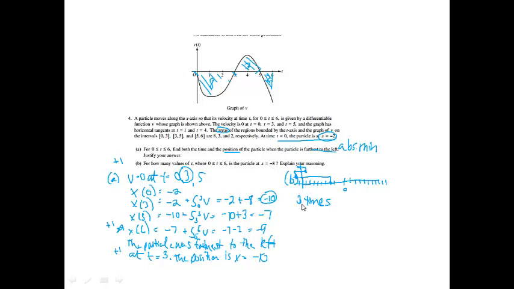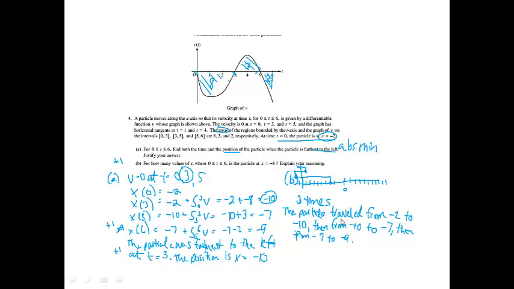Explaining my reasoning, basically what I'm going to say is the particle traveled from -2 to -10, then from -10 to -7, then from -7 to -9.